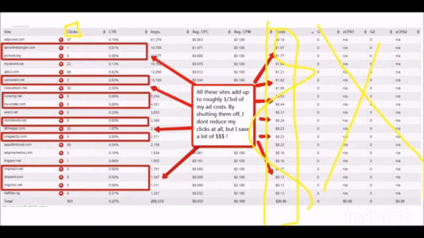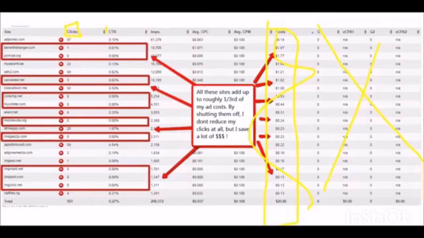Now, when you're an affiliate, you're optimizing generally by the cheapest cost per conversion. You want to spend less to make the same amount. Whereas in this case, since I don't have any conversions yet, I want to spend less to get more clicks. So that's what I'm optimizing around. What I'm really optimizing around is cost per click or the click-through rate.